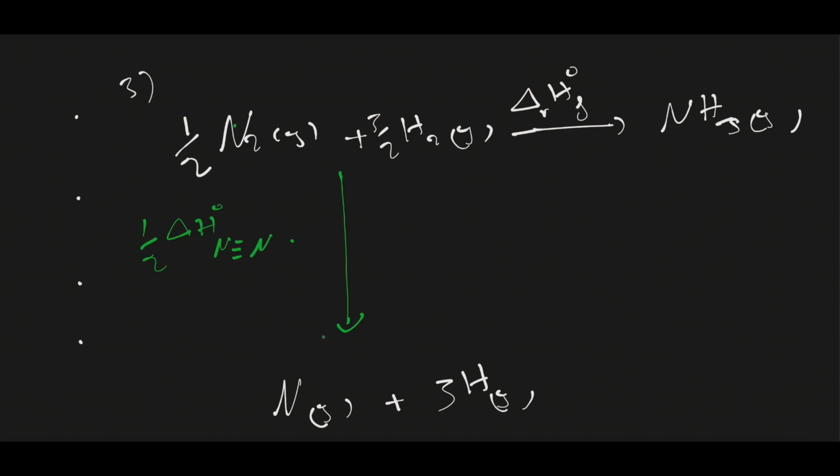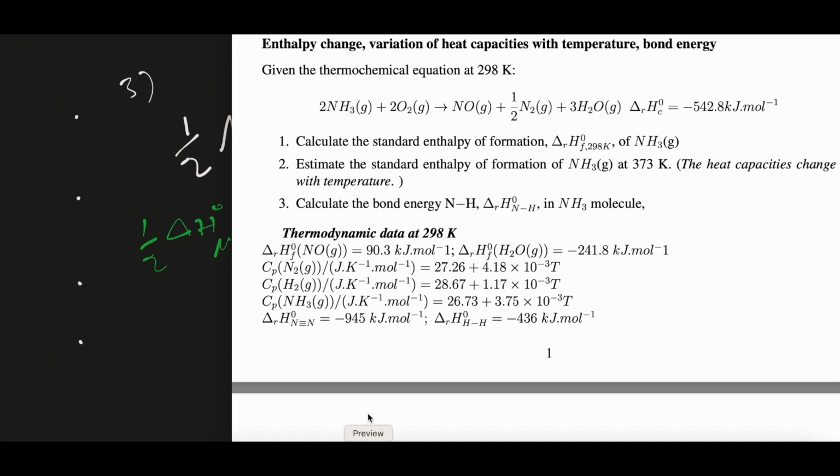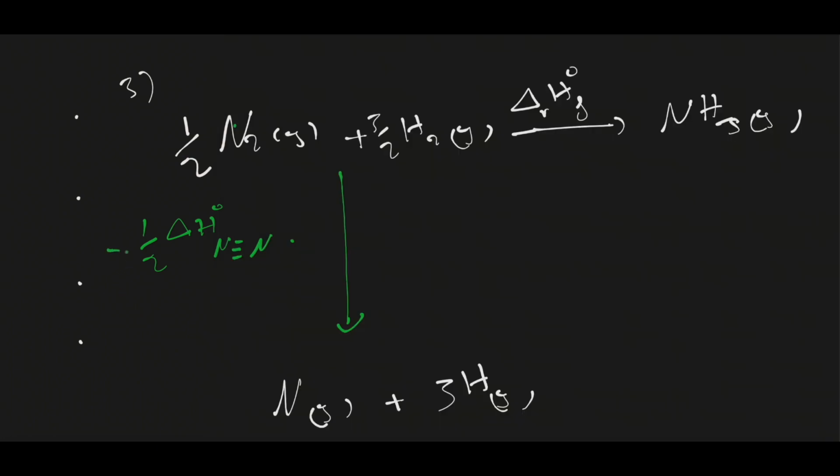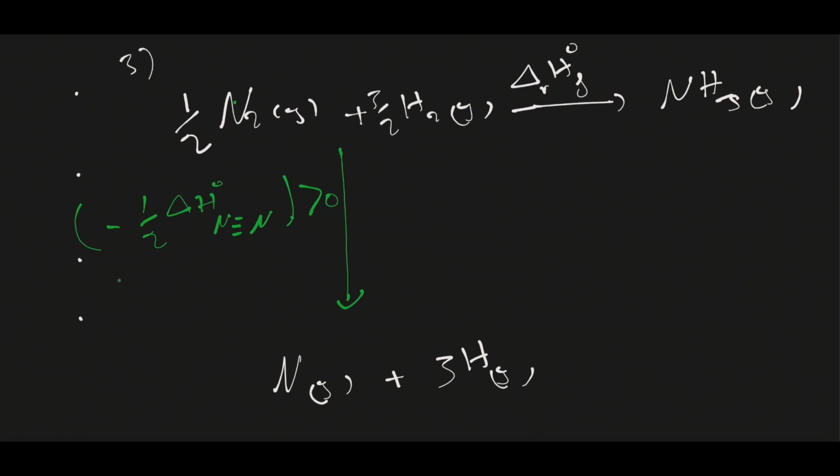And also because the bond energy of nitrogen is negative, we have to multiply by -1 in order to get an enthalpy that is positive. Breaking a bond is an endothermic process, so it must be positive. And here the same thing, we have 3/2 the standard enthalpy of the bond formation between H and H. And here also we must multiply by negative in order to break the bond.